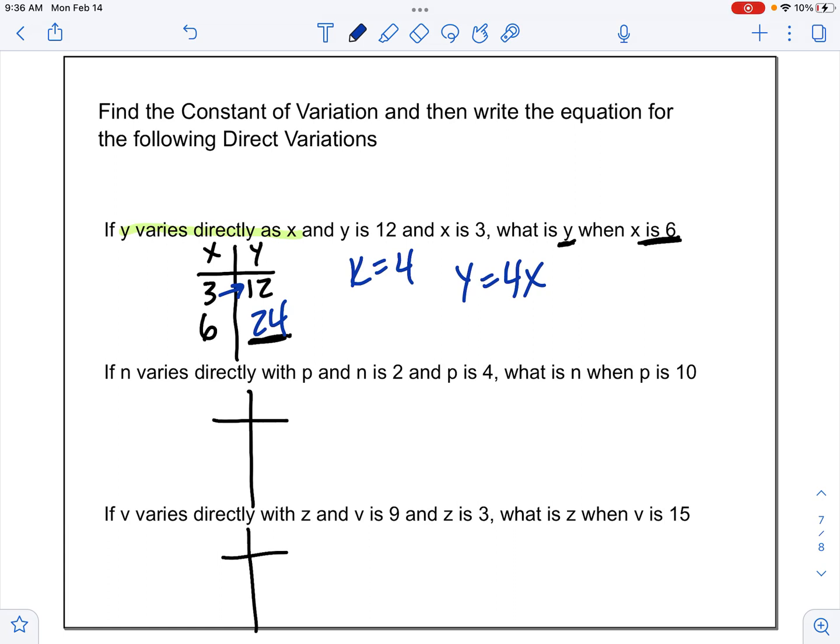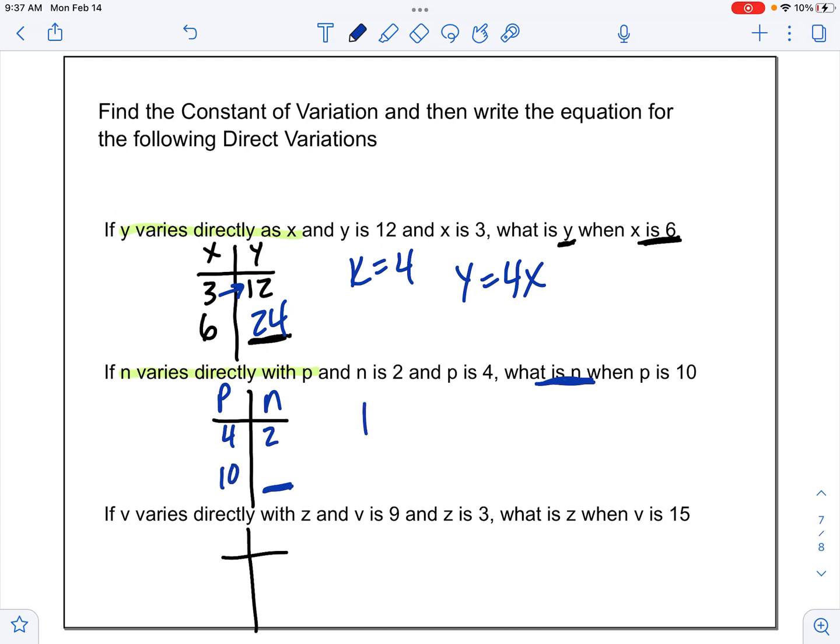Okay, so let's look at this one. I have n is varying directly with p, which means that my n is my y value, because remember, y varies directly with x, and they're not always going to be x and y, so you've got to look at that. And that means my p value goes here. So then I know my n is 2, and my p is 4. And now it wants to know what is n when p is 10.